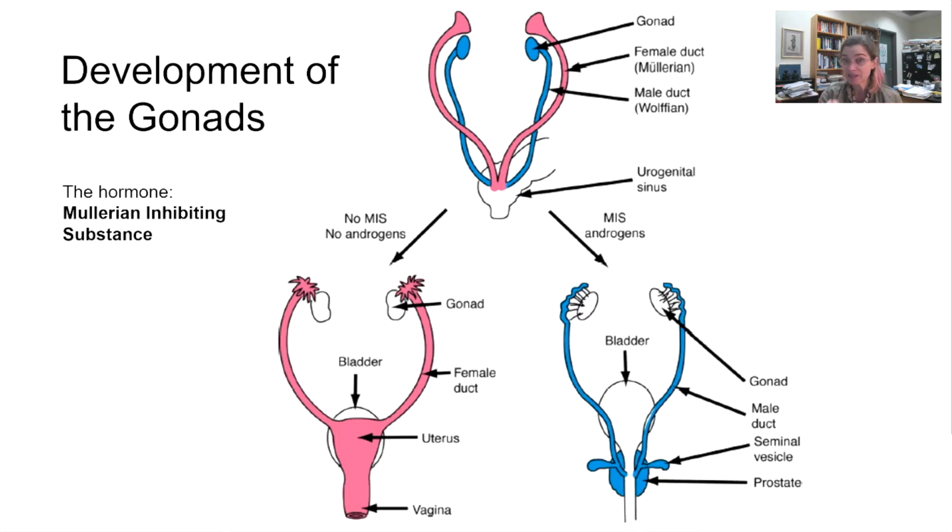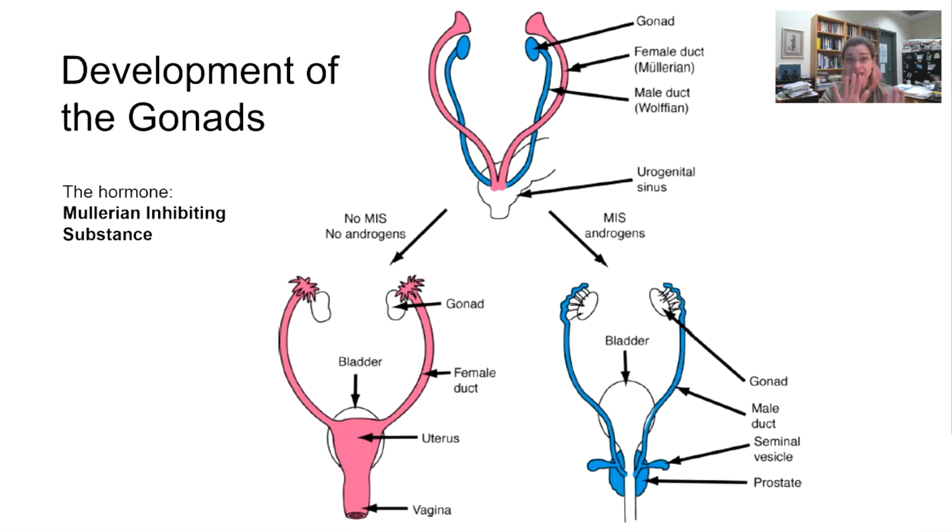In the absence of MIS, when there is no MIS being expressed in the embryo, the opposite happens. The Mullerian duct starts to mature, and the Wolffian duct is the one that resorbs. So the real critical thing here is what happens when that Mullerian inhibiting substance is released.